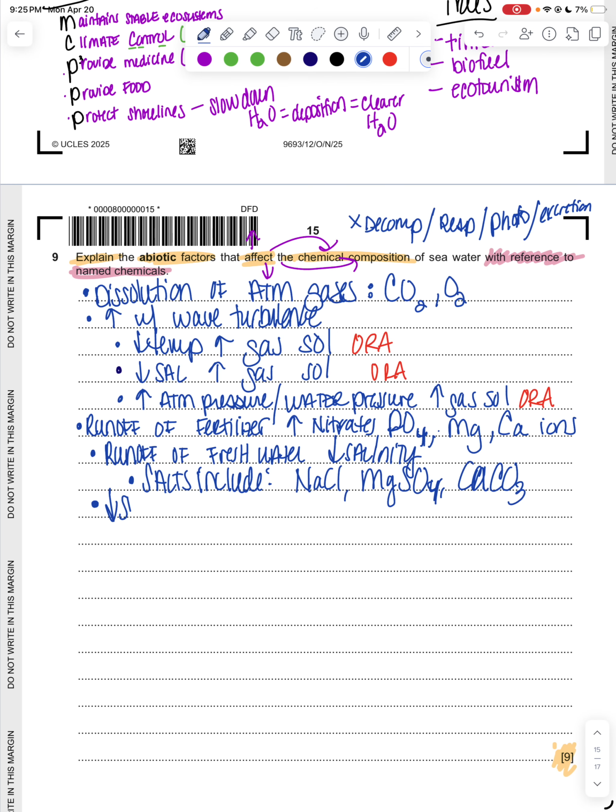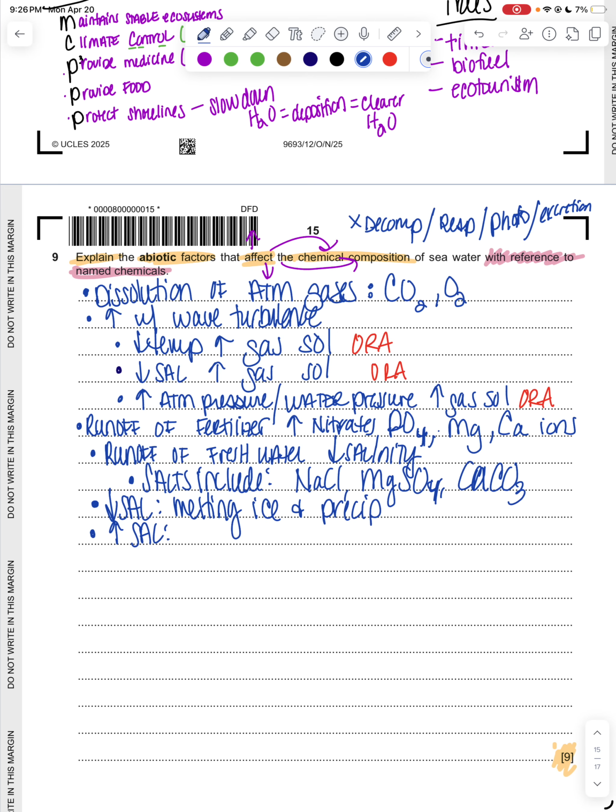More decreasing in salinity. So we have a runoff of fresh water. Got it. Melting of ice. Precipitation. Increase in salinity. We already talked about our fertilizer.